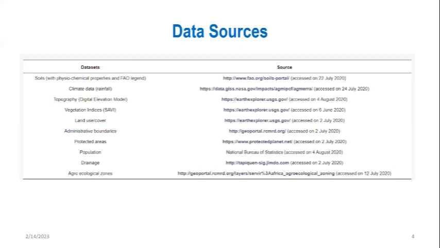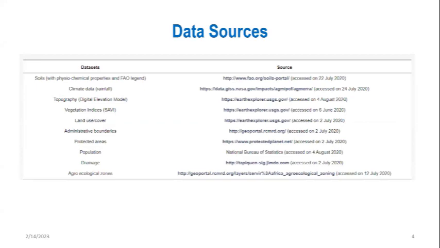So this one is available. Then we also have the vegetation index, which is where we downloaded the survey data. Yesterday, we were presented on how the vegetation index was used to calculate the net production. We also have the land use cover that was downloaded from the USGS.